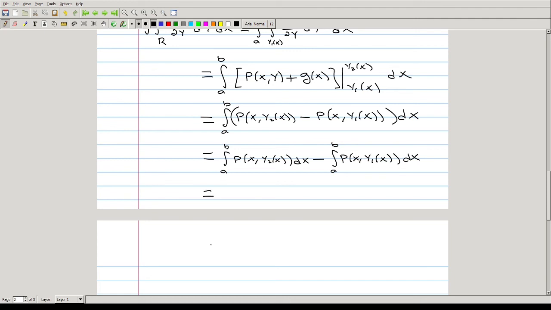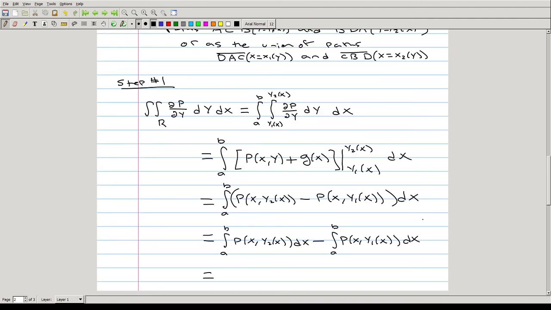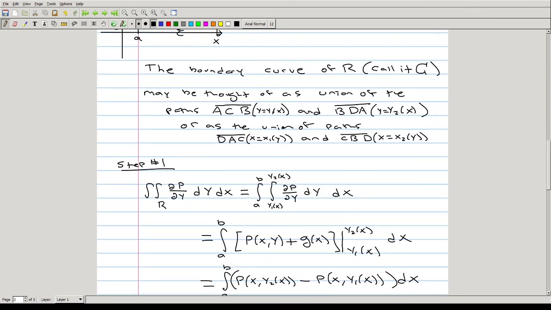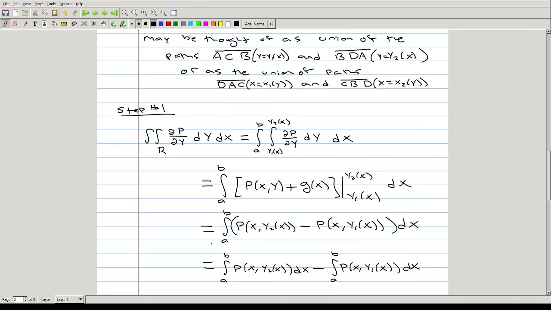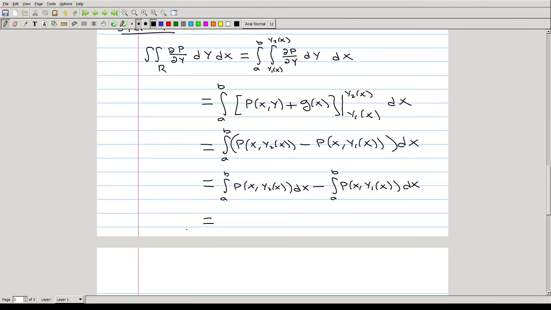And this is the key sticking point. What we're going to do is switch the bounds of integration here because we're trying to get this expression into the form of a closed line integral related to this function p right here. And sure enough, we can directly do that.